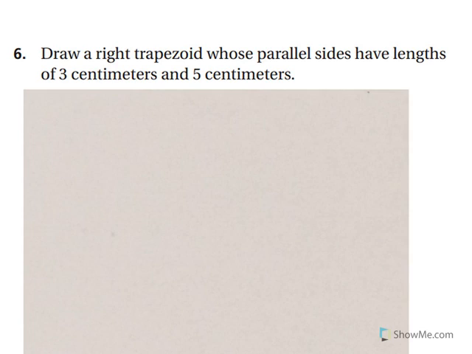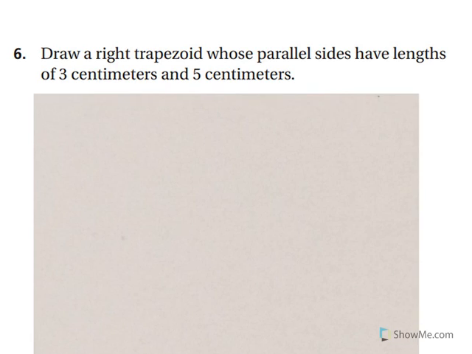All that means is that you have one angle that is 90 degrees. And so there's no confusion, the reason it's only one angle that's 90 degrees is that if you had more than one, they would all have to be 90 degrees. Let me rephrase that.